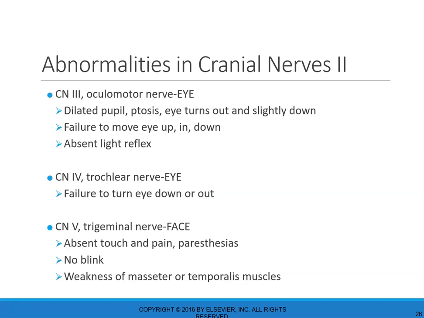For cranial nerve 4, they will not have the ability to look down or out. Cranial nerve 5, they will have an absence of touch and pain sensors, the inability to blink, and weak jaw muscles.